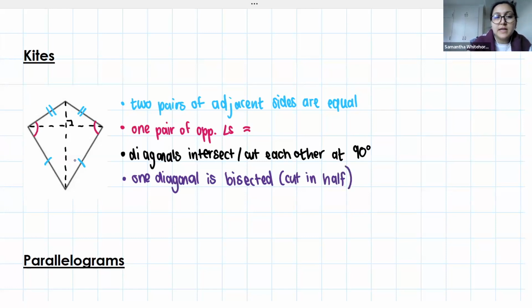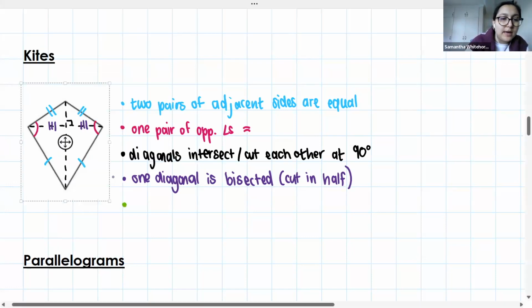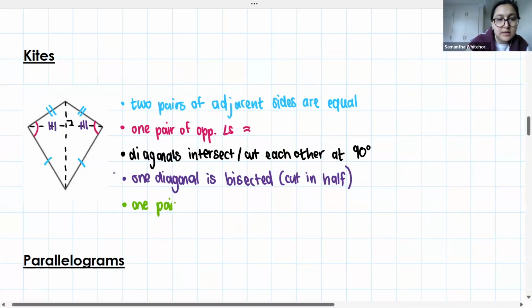Generally it is the shorter of the two diagonals, but we can see here that one of our diagonals is cut in half. And like I said earlier, we also have a characteristic with our angles, whereby one pair of angles is bisected by a diagonal.